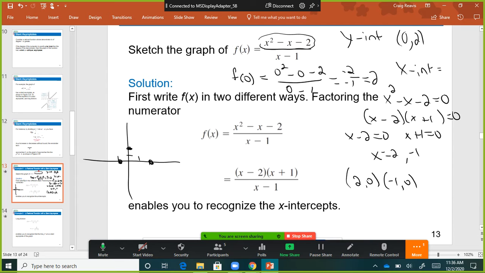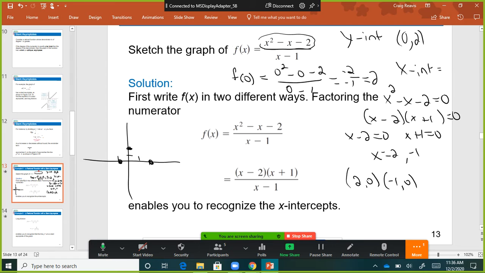Now we've got to look for asymptotes. And notice real quick right here, nothing will cancel once I did this. So if this were both x minus 1 and x minus 1 and they canceled, that's where I would get a hole in the graph rather than an asymptote. But we'll look at that in a minute. So we get vertical asymptotes by what causes the denominator to be equal to 0.